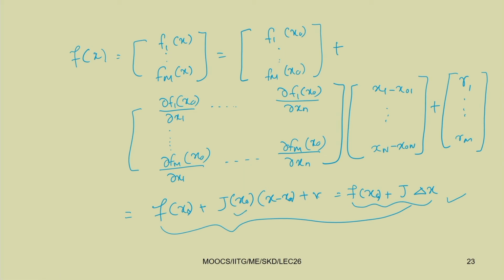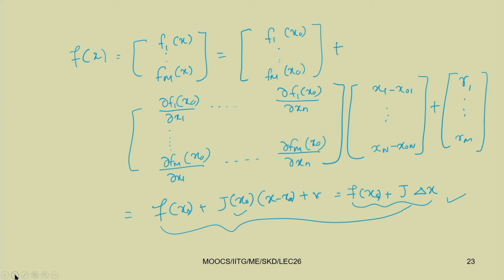Numerical differentiation you can use to find the Jacobian matrix. After finding the Jacobian matrix, the next iteration you can find, and that way you can find the response of the system.